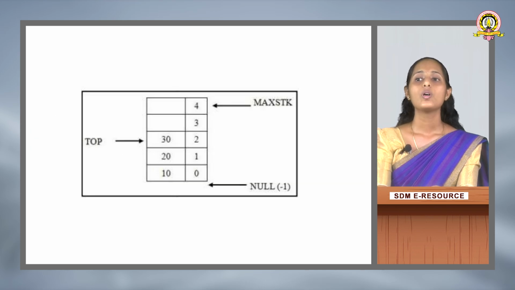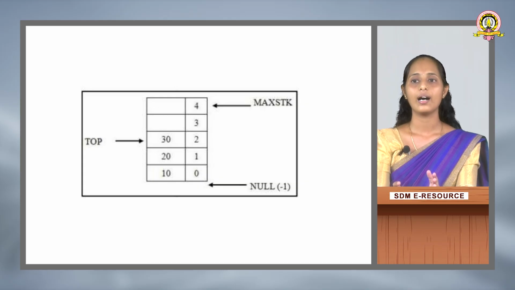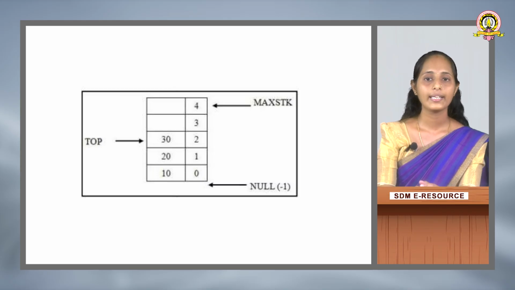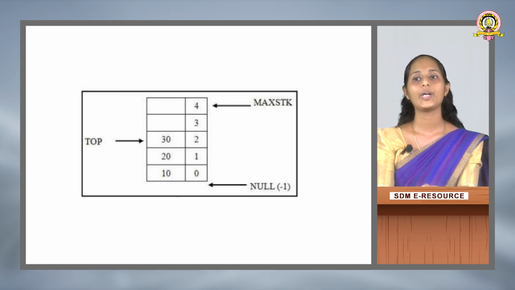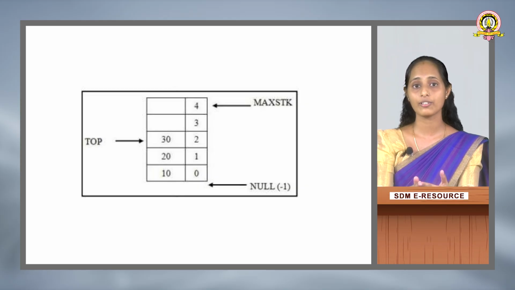So this is the diagram of inserting elements of a stack into memory locations. Here I am taking 3 elements: 10, 20 and 30. The first element is always at the 0th position, so 10 is stored at the 0th position, 20 at the first position, and 30 at the second position.